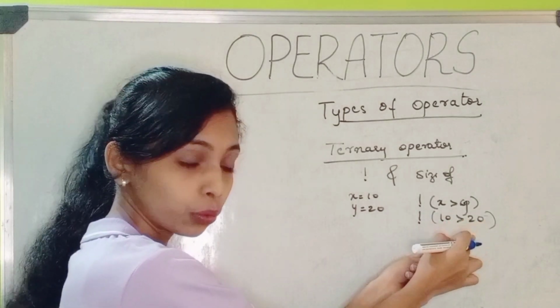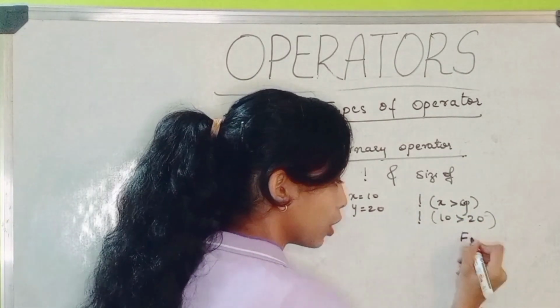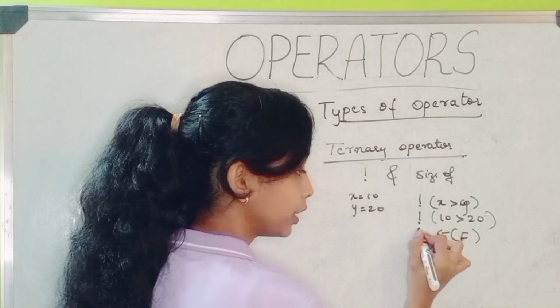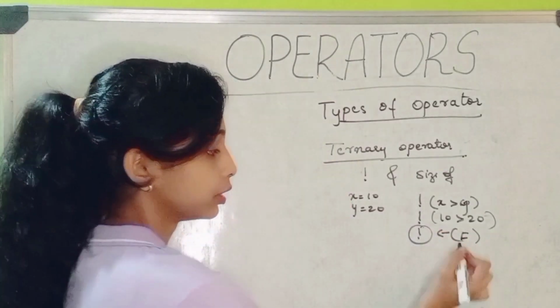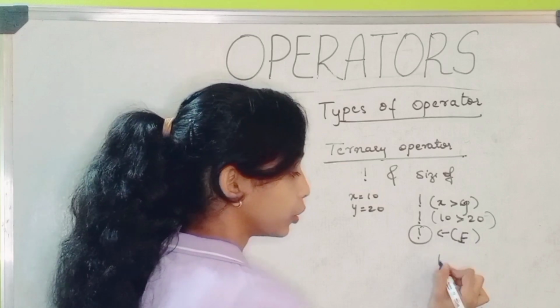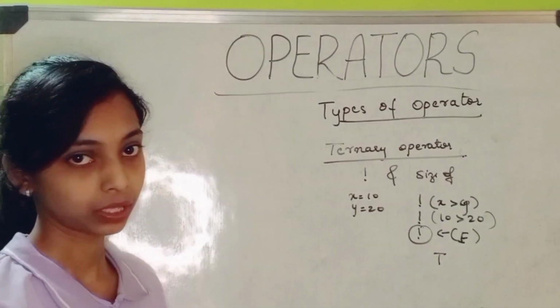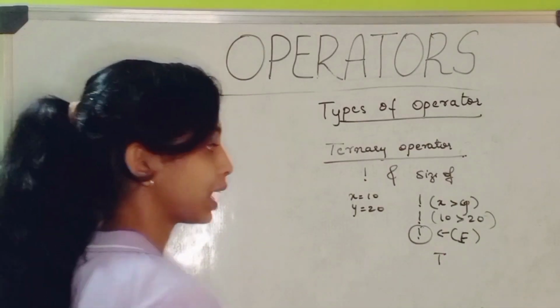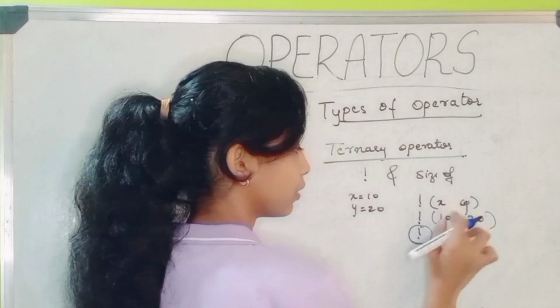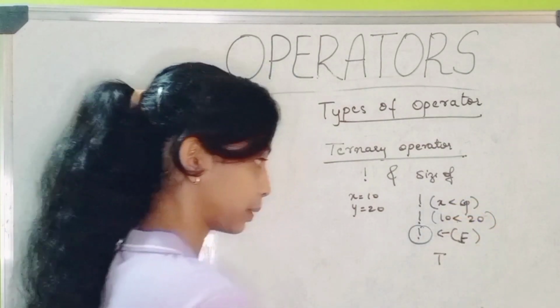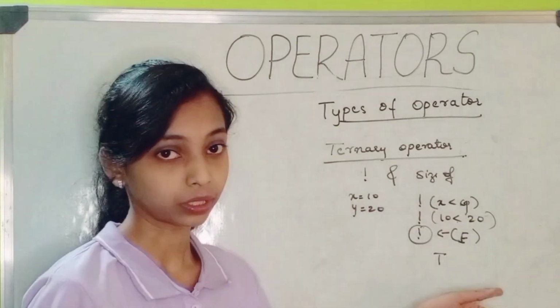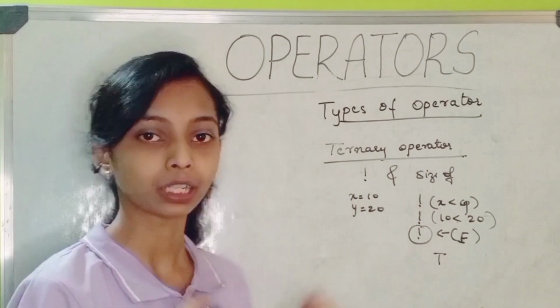Is the statement true? Definitely no, it is a false statement. Since we have a logical NOT here, the false statement is converted into a true statement. And vice versa: if 10 is less than 20, is the statement true? Yes, the statement is true.